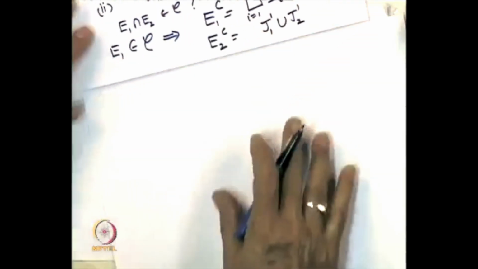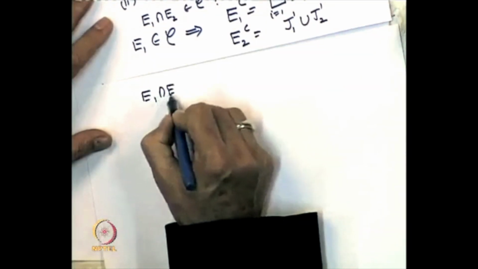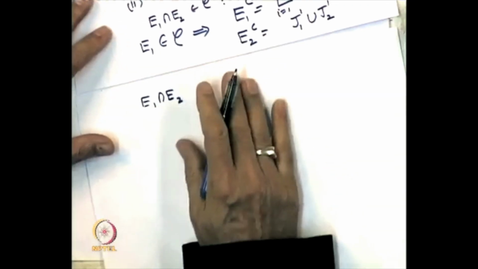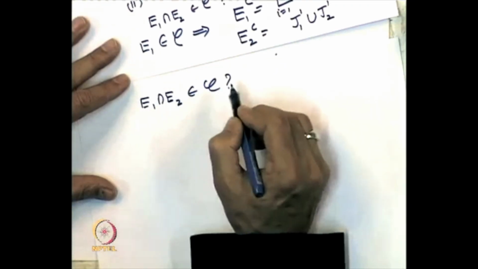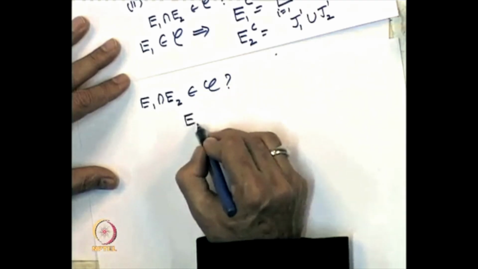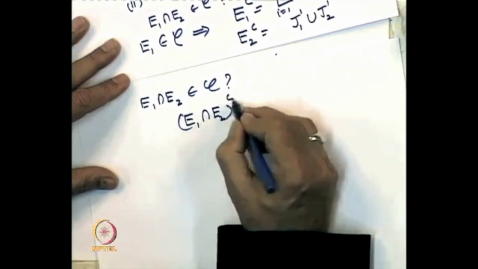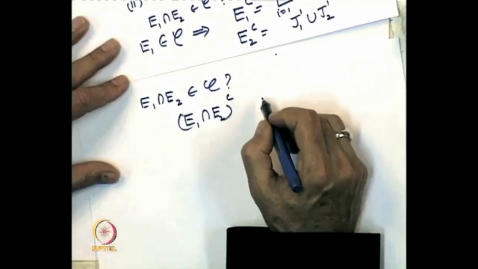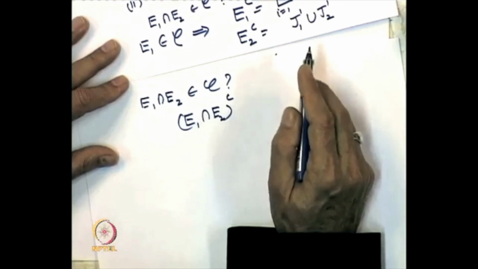But now we want to look at E1 intersection E2, and check whether this belongs to C or not. That means I should look at the complement of E1 intersection E2 and try to represent that as a union of two intervals.